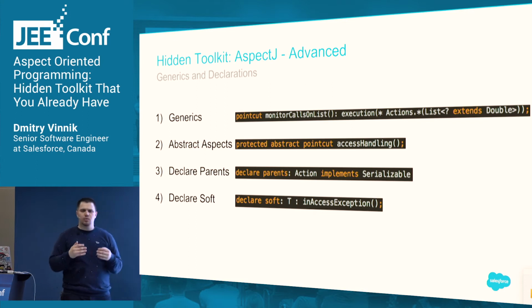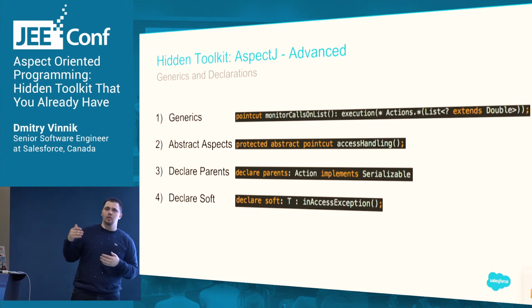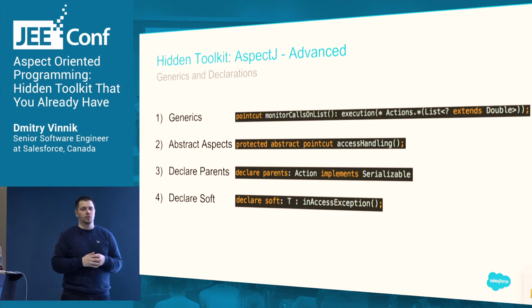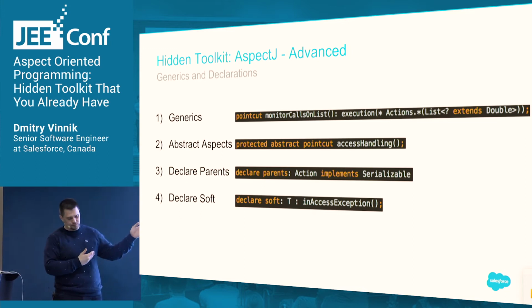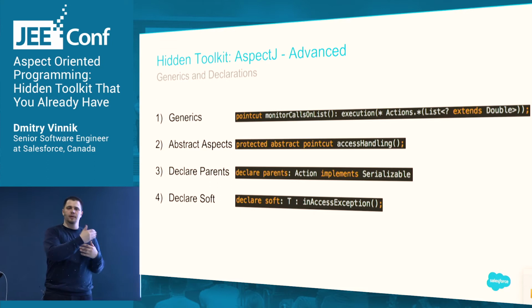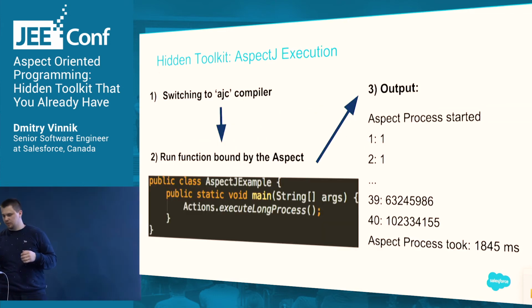Think if you were to do it everywhere in your production code. Instead of doing that, what you could do is just declare soft, and then bind a certain action, in this case try-catch logging a certain way, and it will affect your production code as well. Meaning that it won't get rid of the exception, especially if it's a compile-time exception, but it will help you with handling it in a generic way. So it might be useful for you.